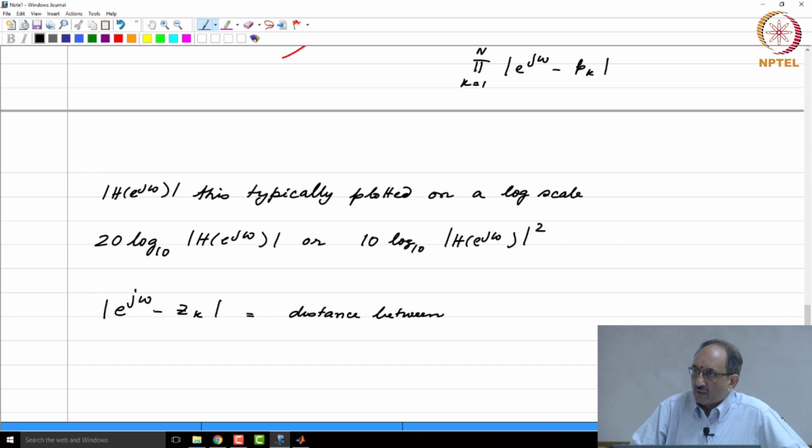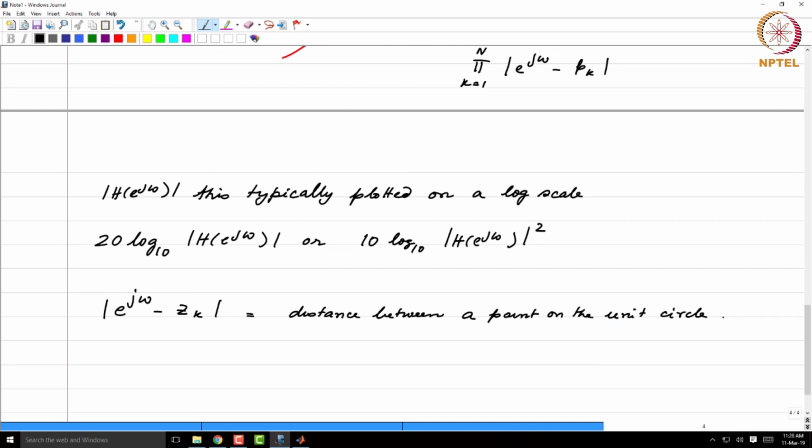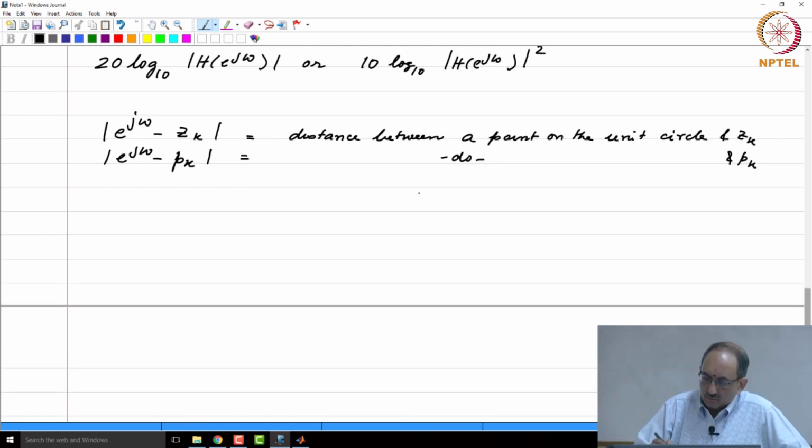Therefore, one of the points is on the unit circle, the other point is zk, which is the 0. Similarly, e to the j omega minus pk is similar, except here it is now pk. Let us explore this more.